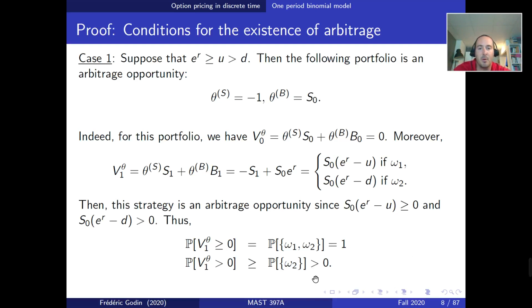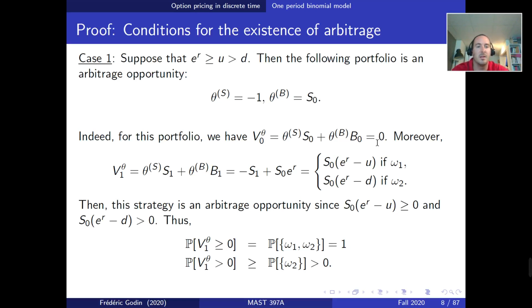This means that the portfolio is always greater or equal to 0 at the terminal value, we have a positive probability that it is greater than 0, and finally its initial value is 0. Because of all these three conditions, this is an arbitrage opportunity.